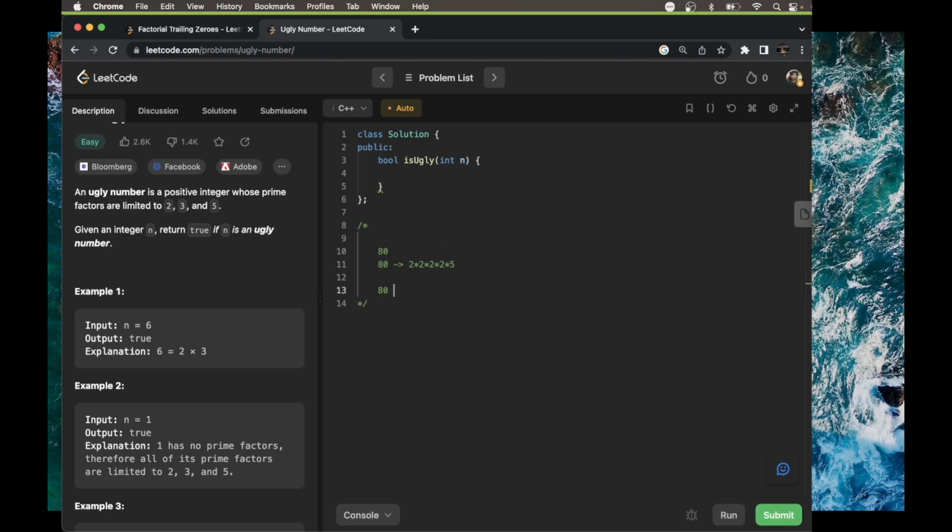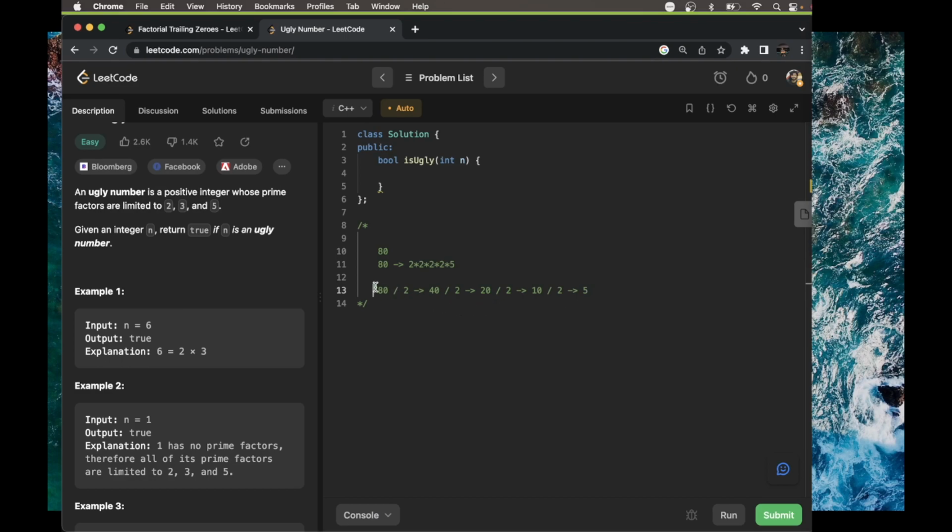So let's try to divide 80 by 2. You get 40. Then you divide 40 by 2, you get 20. Then you divide 20 by 2, you get 10. Then you divide 10 by 2, you get 5. You try to divide 5 by 2, you are not able to divide 5.